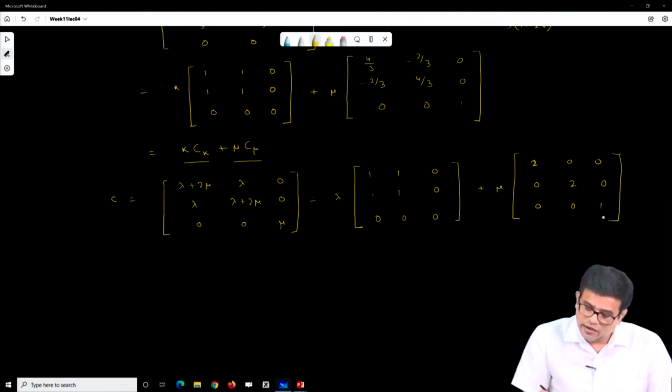So I can write this as lambda into C lambda plus mu into C mu. Here this C mu is different from the earlier one. So it is a lambda-mu description.